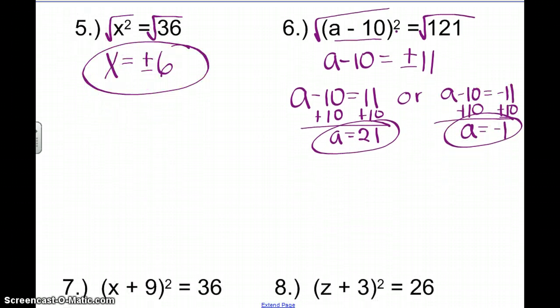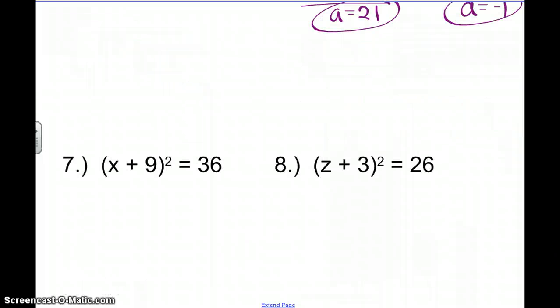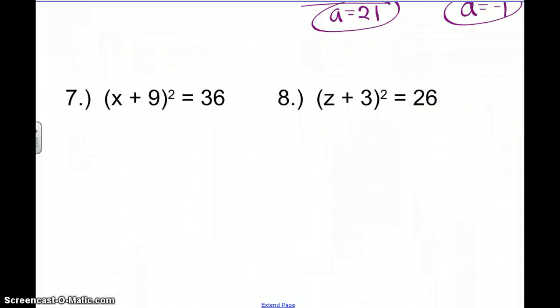For the next problem, we have (x + 9) squared equals 36, and we can take the square root of both sides, giving us x plus 9 equals plus or minus 6.